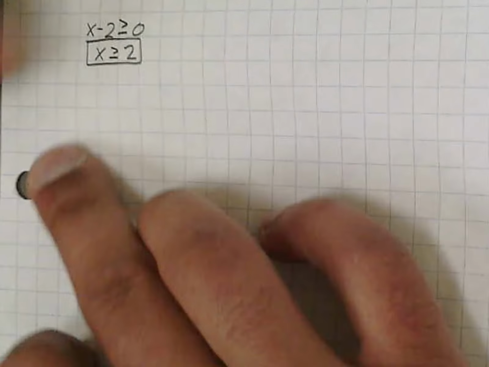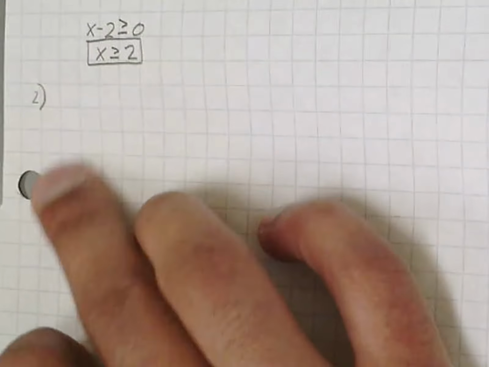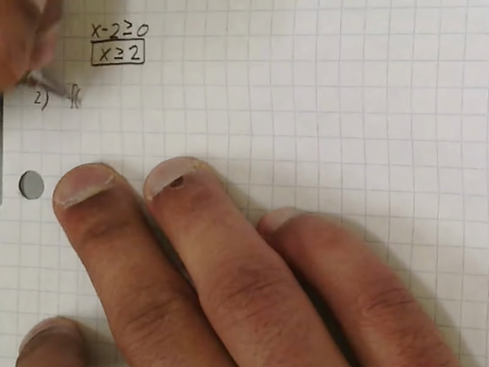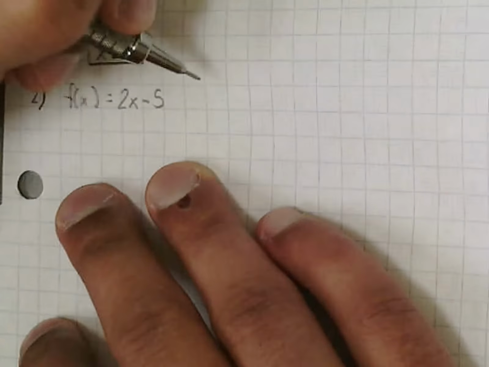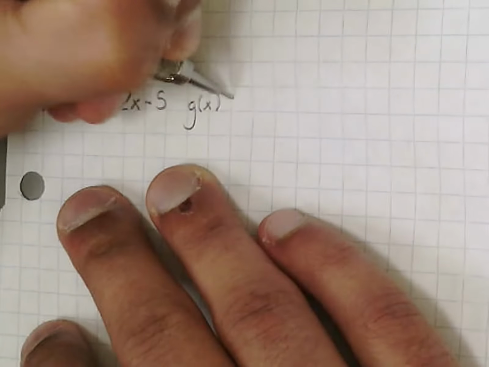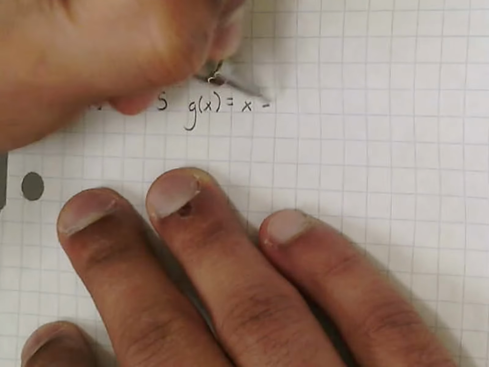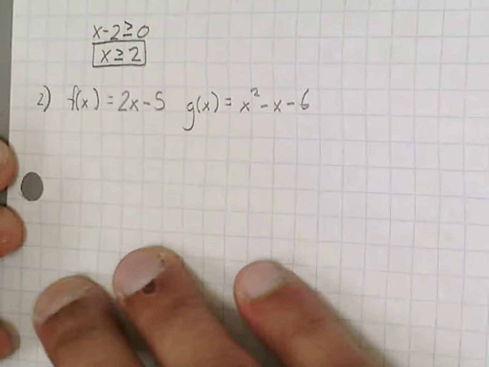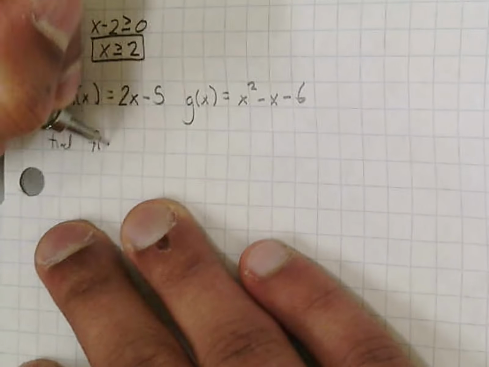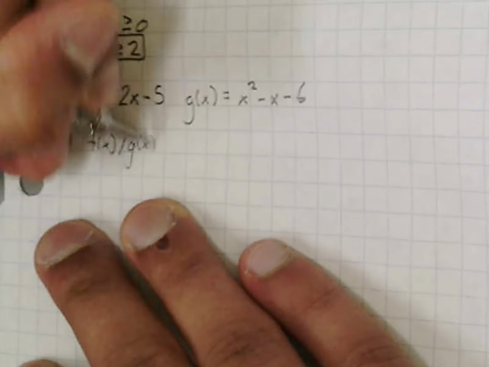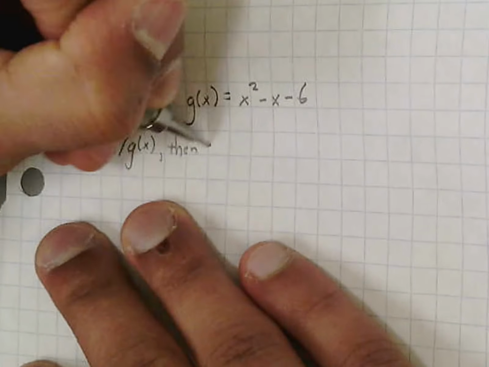Let's do another example. Number 2. Once again, I have two functions. F of x equals 2x minus 5, and g of x equals x squared minus x minus 6. And the directions are find f of x divided by g of x, then state the domain.